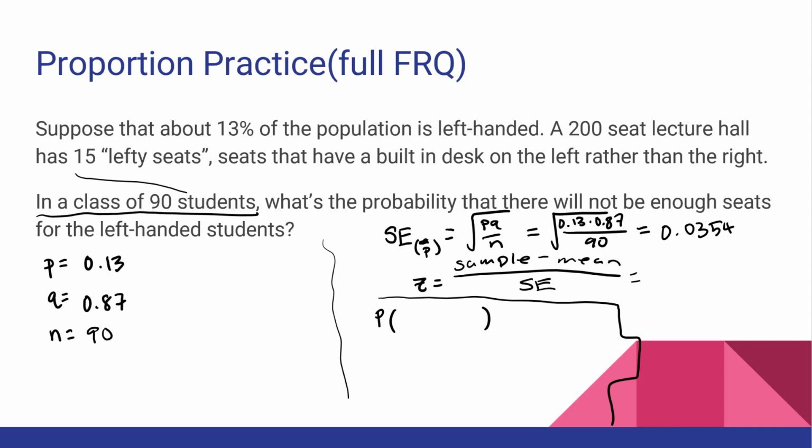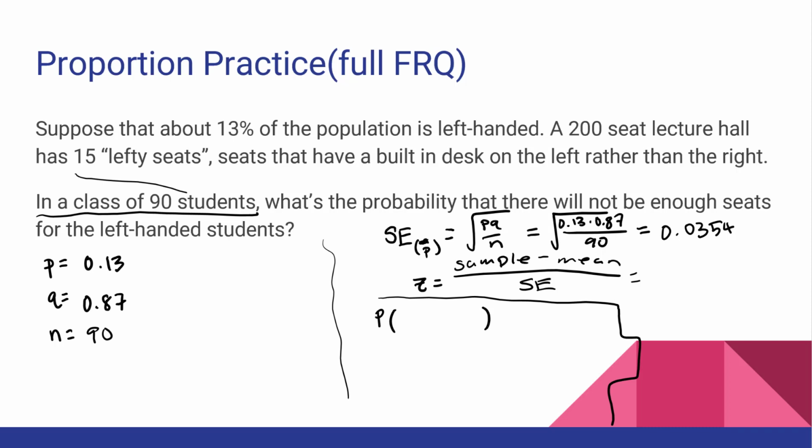So this is the place that we have to calculate a z-score for, because once we get that z-score, we know that anything below that score means that we have enough seats for left-handed people, and anything above that score means that we do not have enough seats for left-handed people. That means our sample statistic must be that tipping point. Our class size is 90 students, and if 15 of those students are left-handed, that means if we add one more left-handed person, we will not have enough seats for the left-handed people.